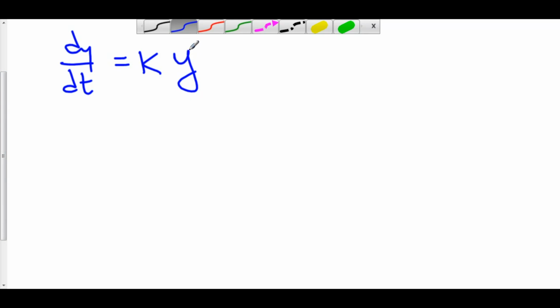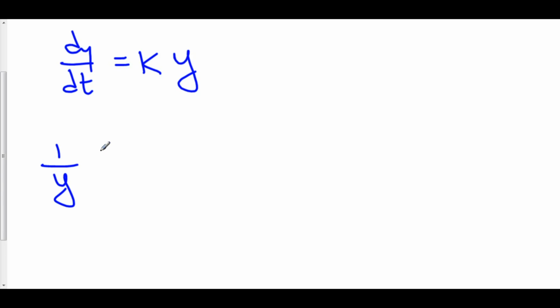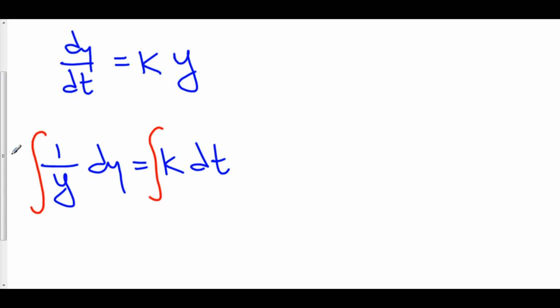We're going to get the y on the left-hand side and the dt on the right-hand side. So I'll divide both sides by y, and I'll multiply both sides by dt. So here I have 1 over y dy is equal to k, some constant, times dt. At this point, I'll want to get rid of my dy and my dt, and to do that, I can integrate both sides.